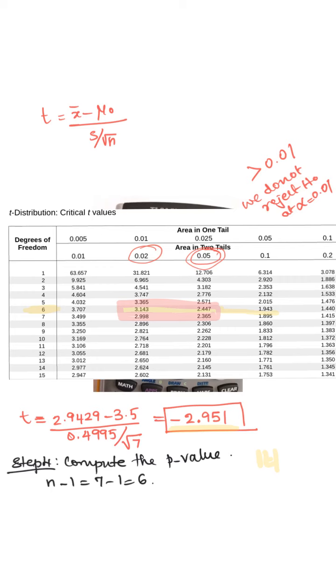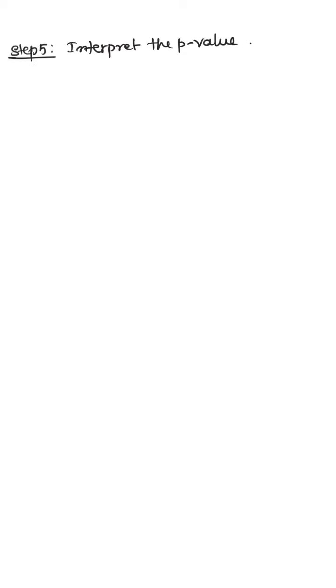So let me conclude this. The p-value is between 0.02 and 0.05. I'm going to use the next page to interpret the p-value and state the conclusion.